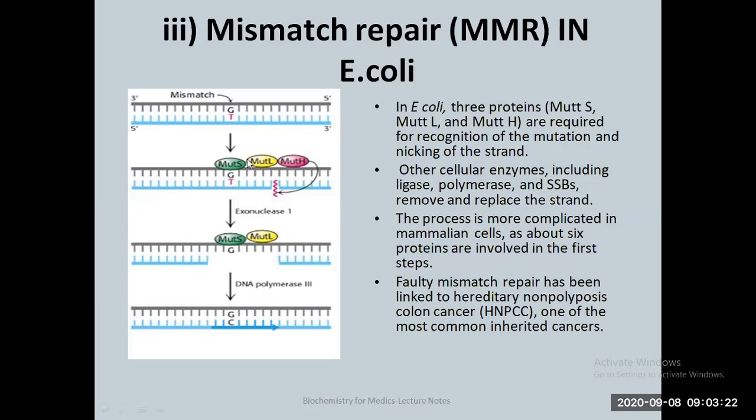There are three proteins: MutS, MutL and MutH. These are required for the recognition of the mutation and the nicking of the strand.